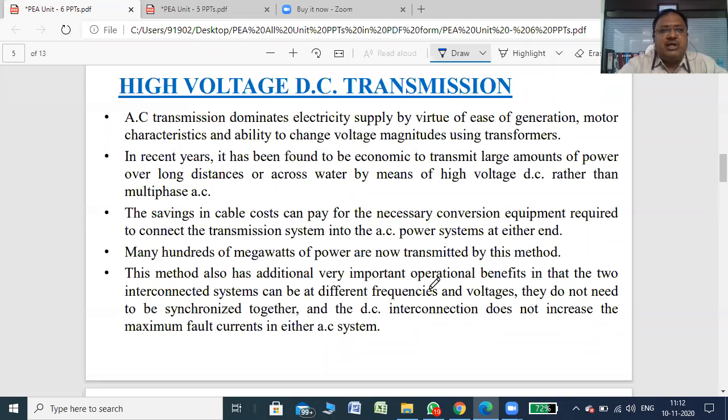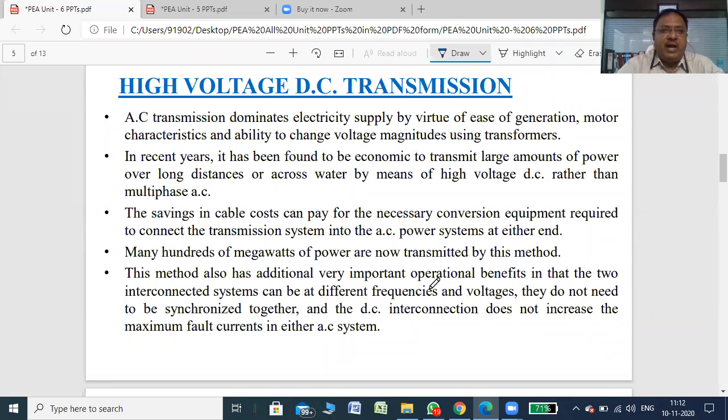So AC transmission dominates electricity supply by virtue of ease of generation, motor characteristics, and ability to change voltage magnitude using a transformer. Definitely, AC transmission has some advantages. Because AC motors work directly on AC lines, those motors are less costly.